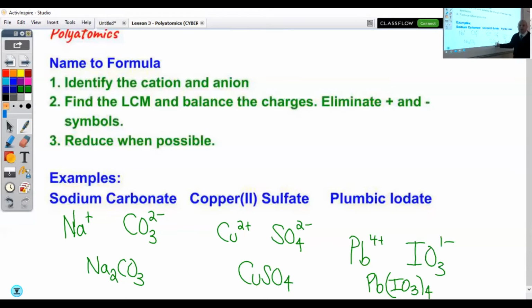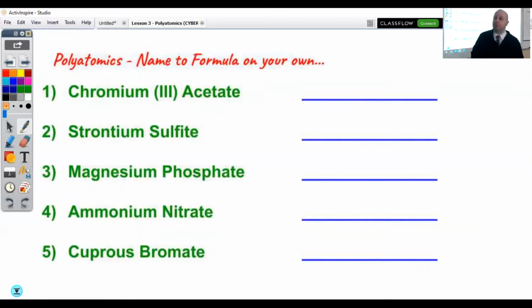In examples 1 and 2, we did not need to use parentheses because we only had 1 copy of the polyatomic ion. Let's take a look at some more examples. It might help you if you wrote out the ions and their charges first before trying to put them together to form our compound.